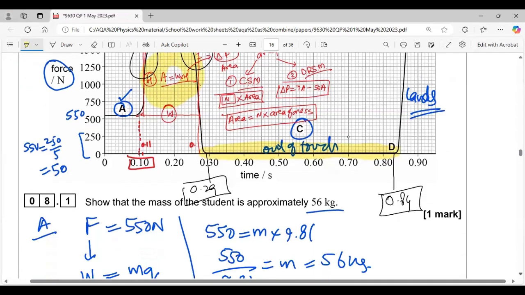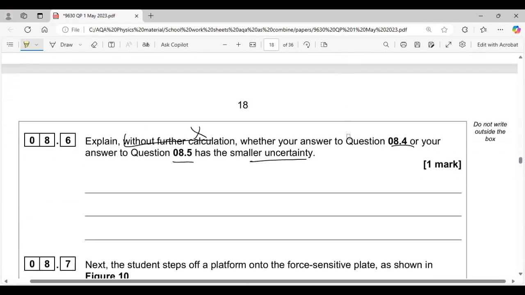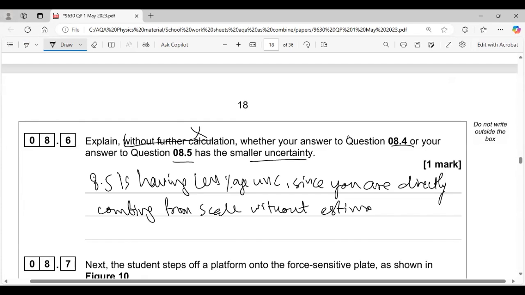So it means that there will be less error when you directly measure your answer. So we say that 8.5 has less percentage uncertainty since you are directly counting from the scale without estimation. In 8.4, you have made a big estimation over there.